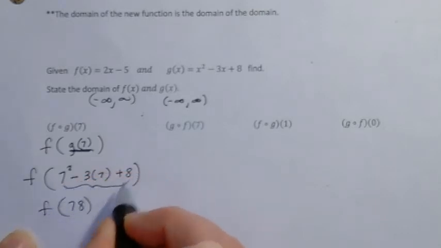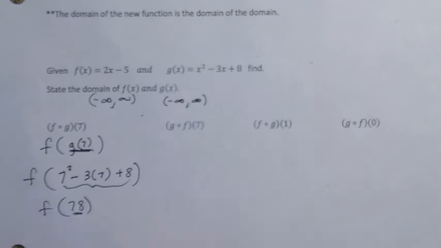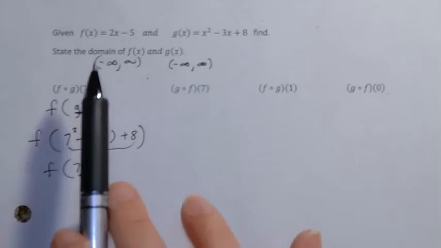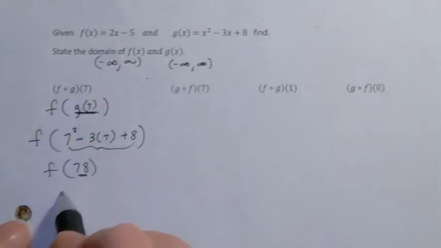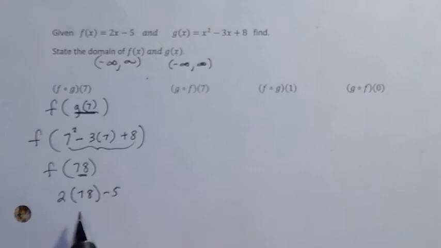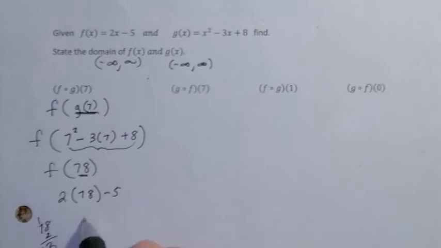So 78 is the answer to the first part. Now I have to go back and put 78 into the f function. So I'm going to have 2 times 78 subtract 5. I'm going to have to work this out. 156 subtract 5, so you get 151.